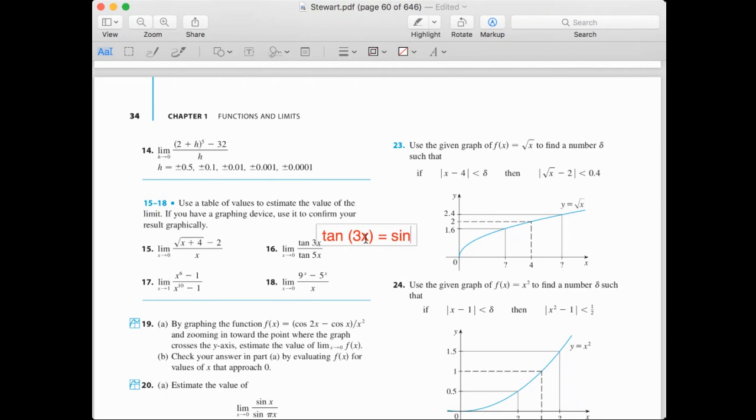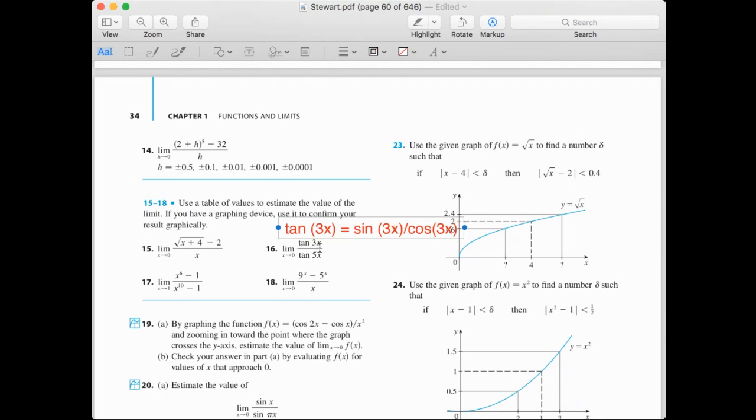What is tangent? Tangent is sine over cosine, right? Tangent 3x equals sine 3x over cosine 3x. Similarly, tangent 5x equals sine 5x over cosine 5x.